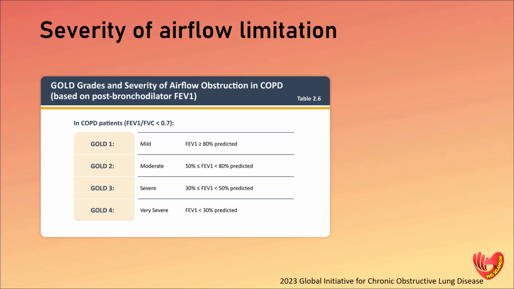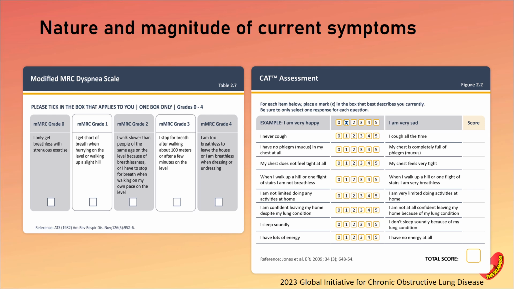This slide shows the severity of airflow limitation according to GOLD grades using the FEV1-FVC ratio. To determine the magnitude of patient symptoms, we may use the modified MRC dyspnea scale or COPD assessment test. Both assessments will require patients to answer a set of questions to help us to determine the severity of their current symptoms.